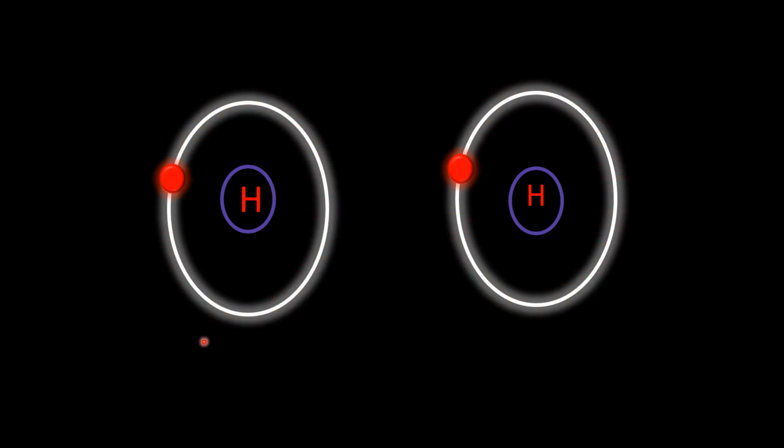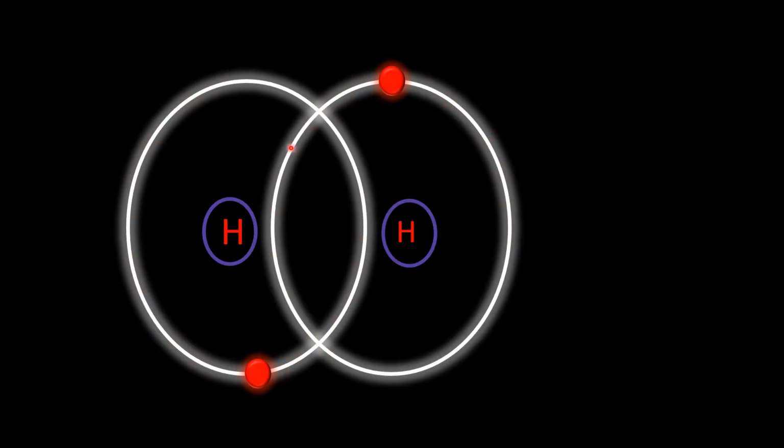When two hydrogen atoms come close together, both hydrogen atoms share their valence electron. That is, the valence electron of both hydrogen atoms now belongs to both atoms. They are shared among both atoms.